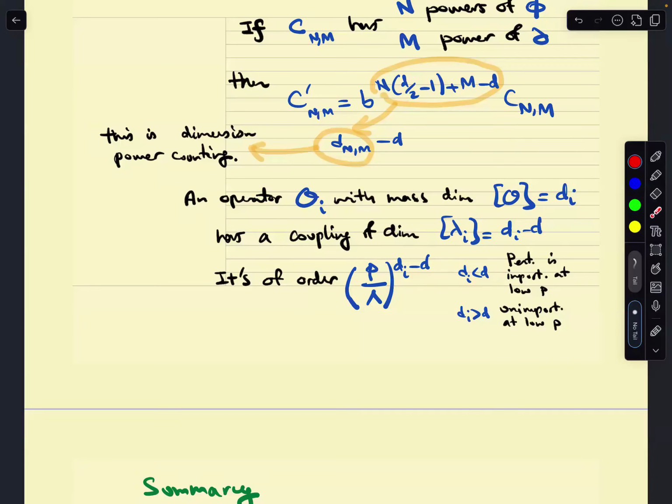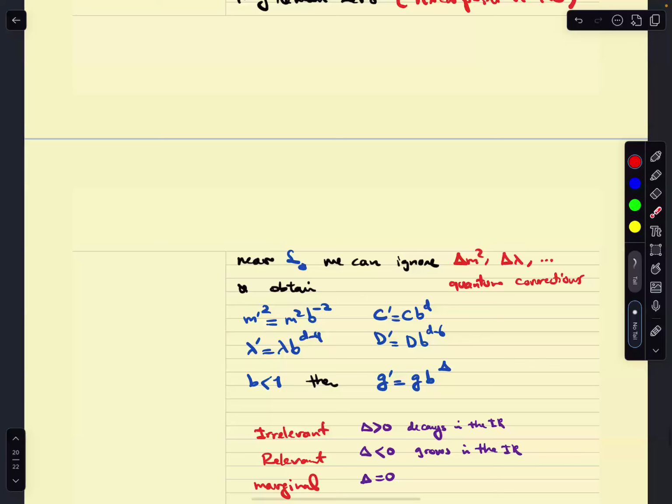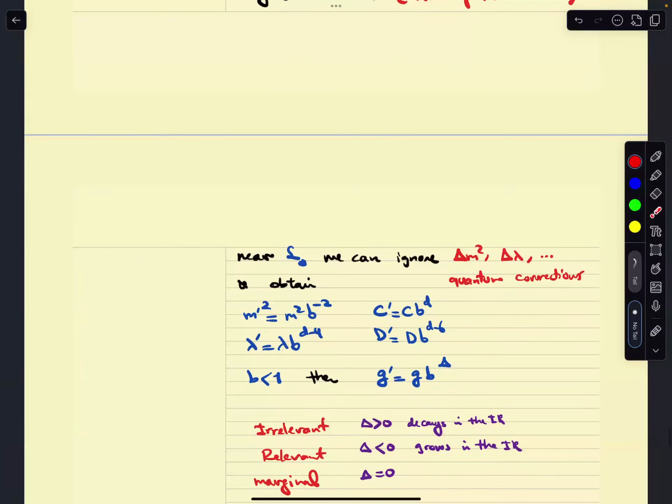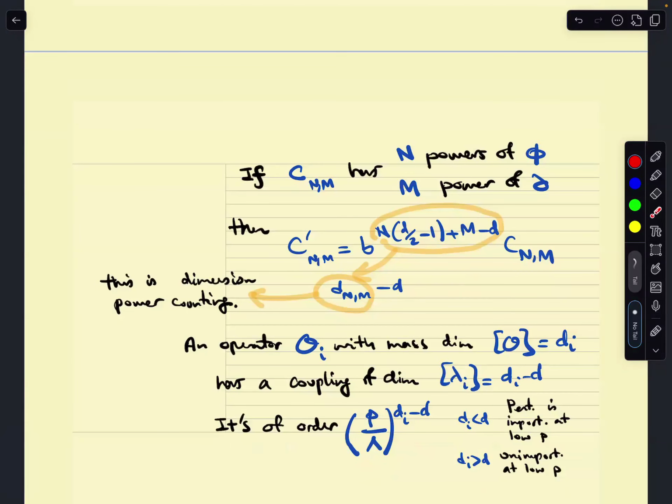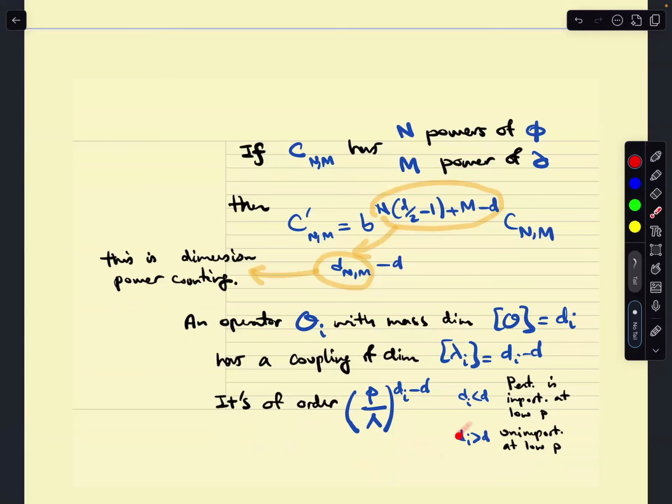For example, the mass term is always like this. It grows in the IR. It becomes more and more relevant in the infrared. Under the RG flow, this coefficient grows. But if Δ_i is larger than d, it is unimportant in the infrared, so it decays, it disappears, right?